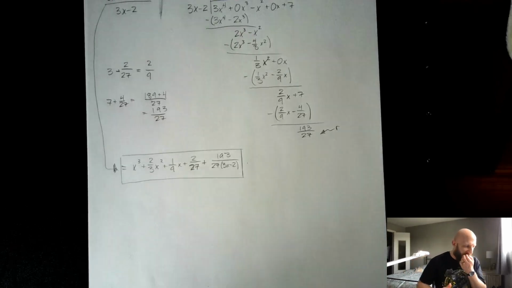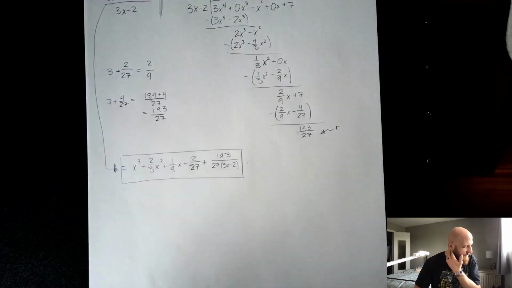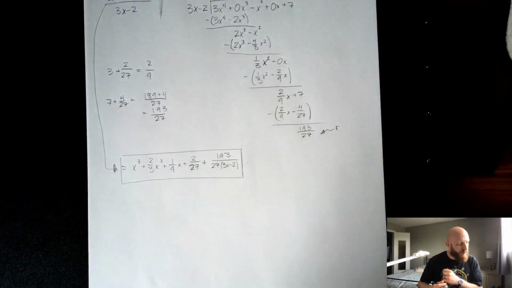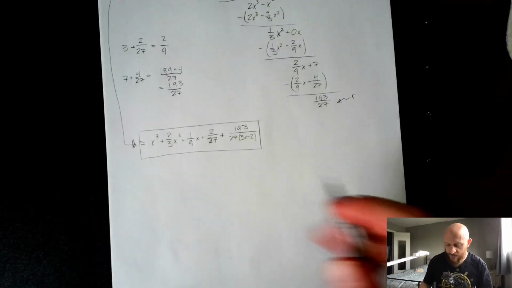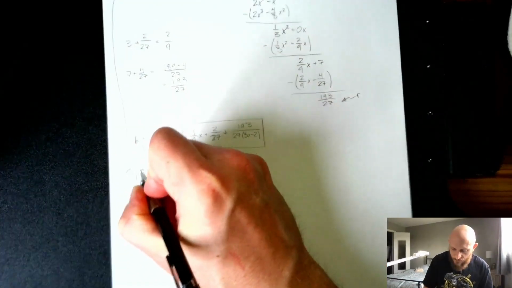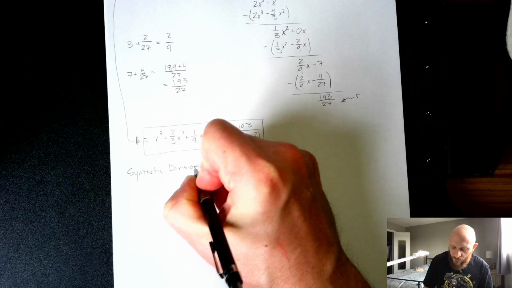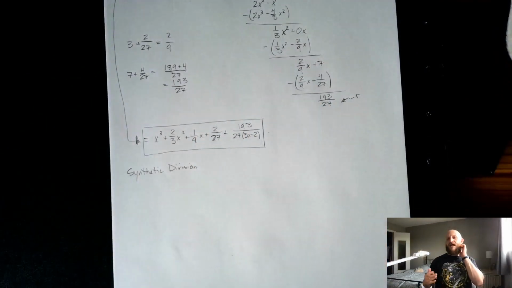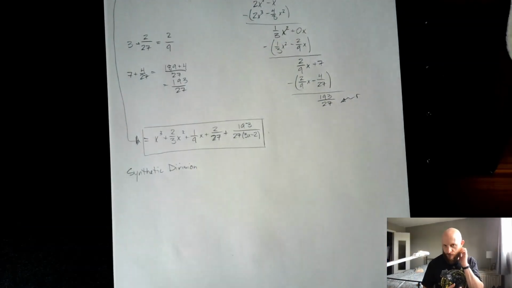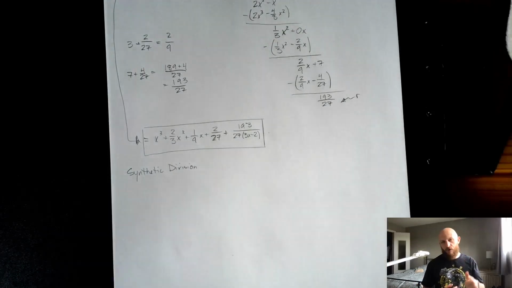Okay, the very last thing that I want to show you, just very quickly, this comes out really quick, is, we'll do the original problem, but I want to show you something called synthetic division. So synthetic division, it is polynomial division, but it's like a shorthand method of doing polynomial division. There are 2 requirements, though.